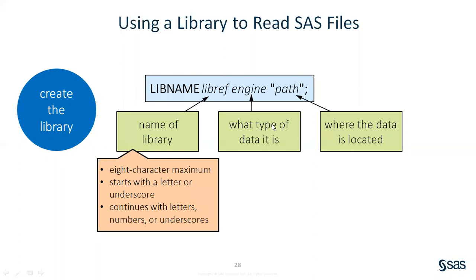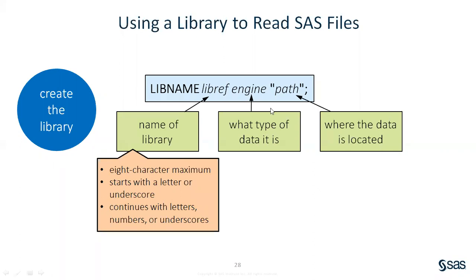For us, our engine is V9, because those are all SAS data files. If we are creating a library for Excel data, the engine will be Excel. If the data files are Oracle, our engine will be Oracle. If it's Teradata, it will be Teradata, and so on. The libref is going to be the name for your library, and the path is where your data is located.